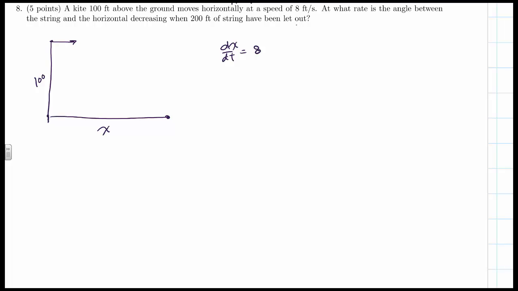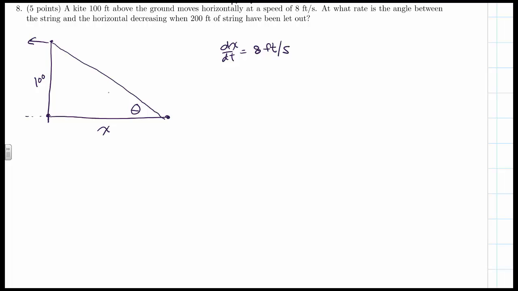Okay, string is being let out, so it's going this way, so it's a positive 8 feet per second. Alright, so this is the distance x that I start, and that distance is getting longer. At what rate is the angle between the string and the horizontal, so that's this angle right here, call it theta, decreasing when 200 feet of string have been let out?